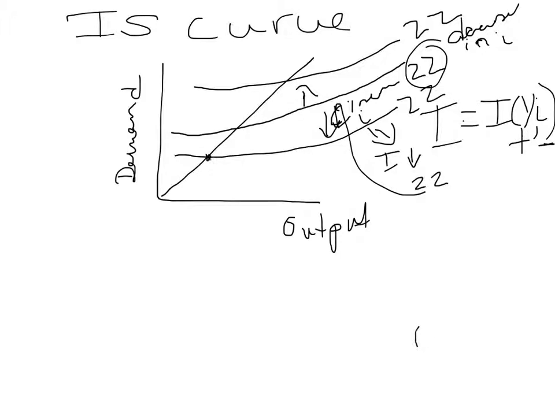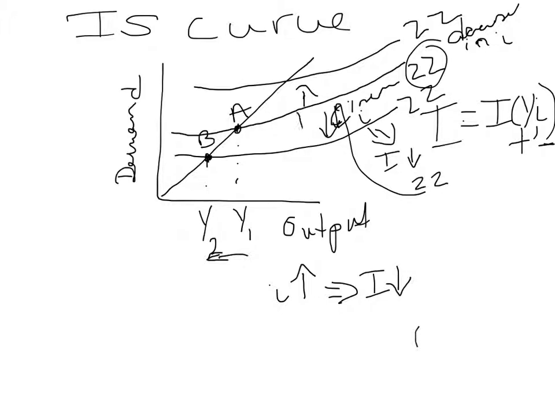Now your equilibrium level was first at A, and now the curve shifts down here to B. What happens is that your output now declines. So what this means is, as the interest rate increases, this will cause investment to decrease through the shifting of this curve right here.